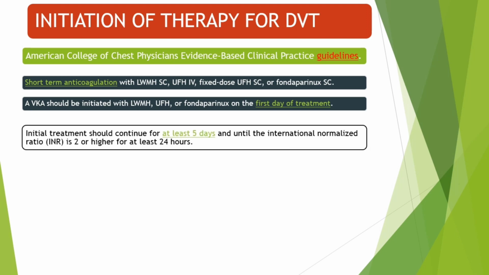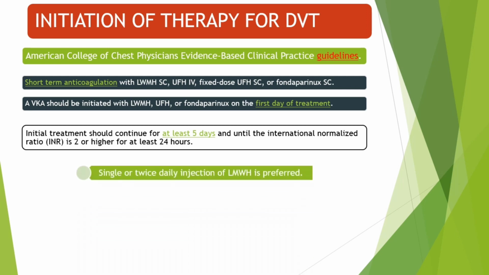The initial treatment should continue for at least 5 days and until the international normalized ratio for the vitamin K antagonist is 2 or higher for at least 24 hours.